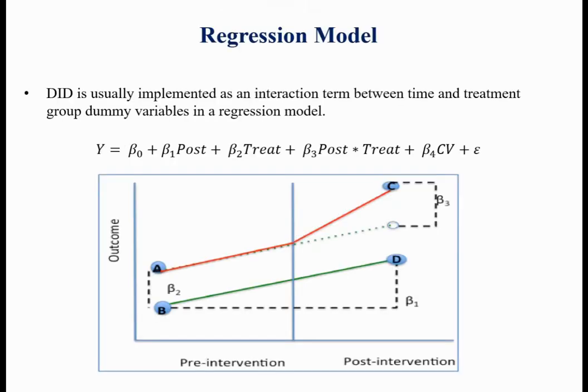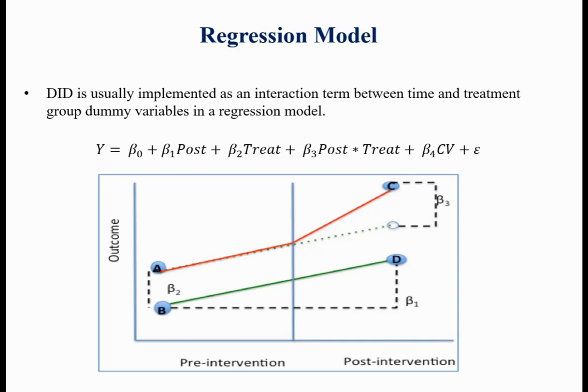Now let's come to the regression model. This is the regression model for difference in difference design. And in difference in difference design, like I mentioned earlier, we are interested in the change between two groups, that is the treatment group and the control group.